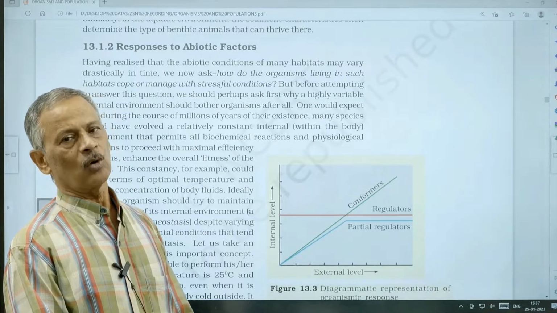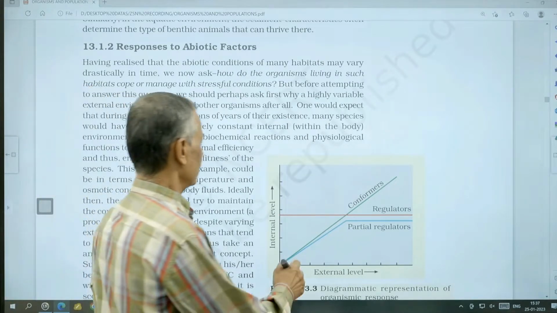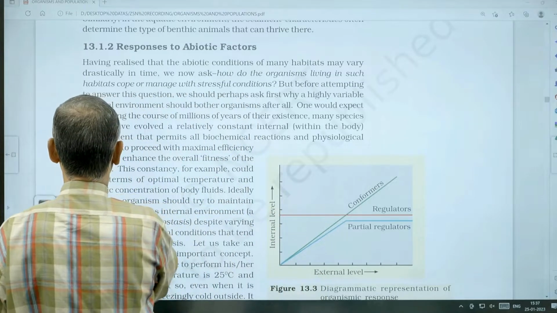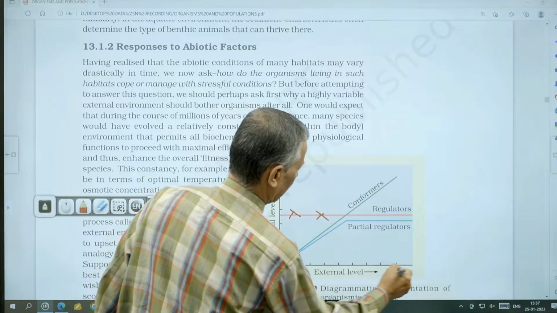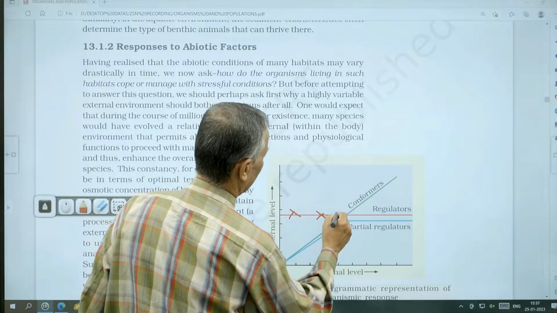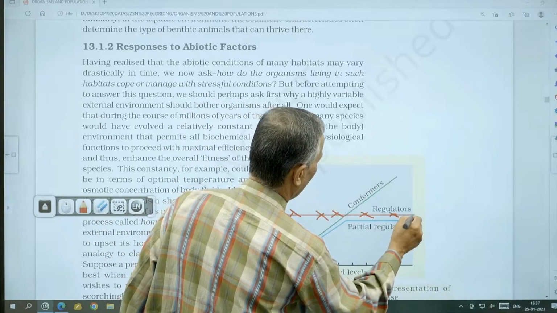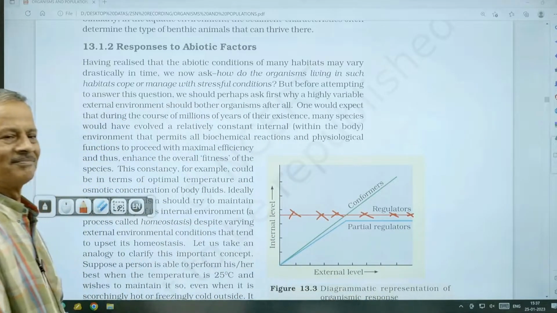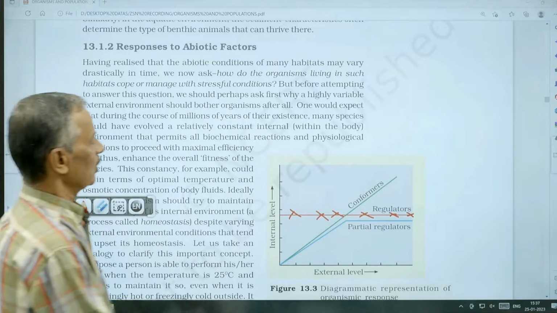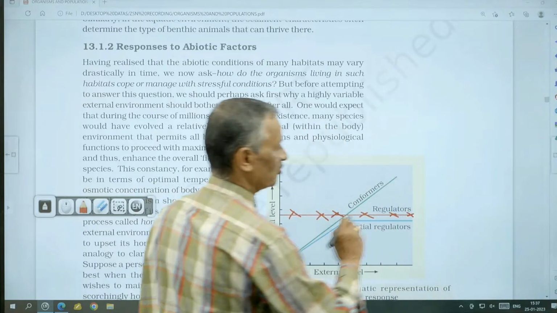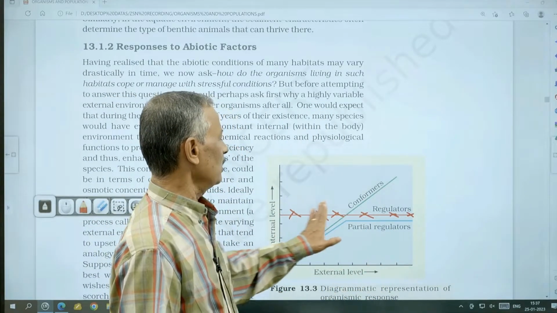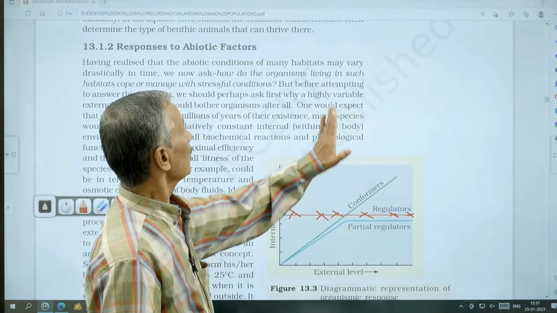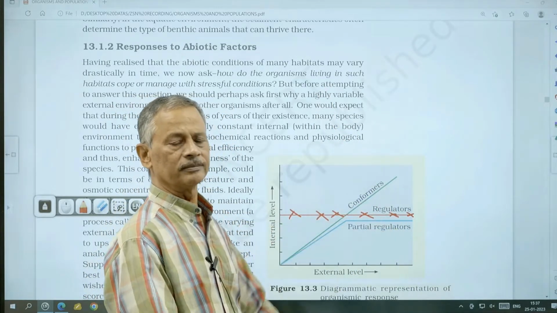And such organisms are thus capable of regulating. Whatever may be the external level, the internal level is always steady and stable. So, in this graph, you will be getting a horizontal line. Despite the changes in the external environment, the internal factors are all remaining same and steady.